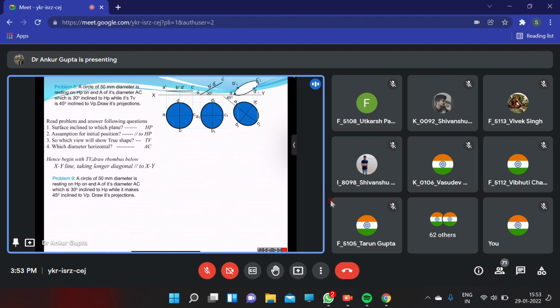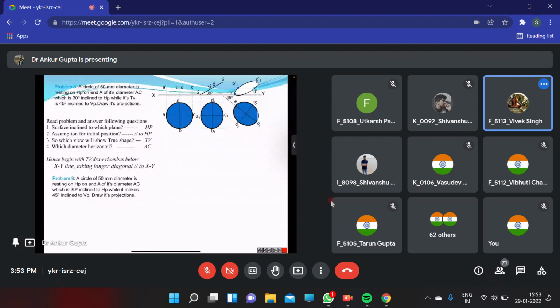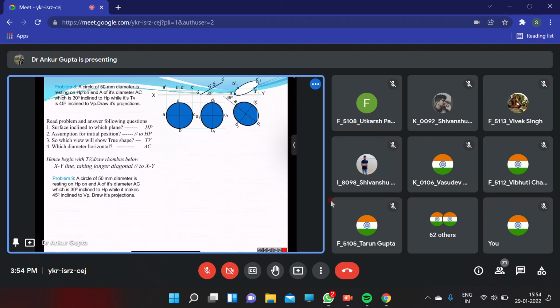What is the difference between both the problems? ढंग से पढ़ो इसको, read it twice. लास्ट में क्या हो रहा था कि पूरा का पूरा जो फिगर था वो हमारा 45 डिग्री इंक्लाइन हो रहा था, ठीक है? बट यहाँ पे डायमीटर की बात हो रही है. Here we are talking about diameter. Diameter is making an angle 45 degree and 30 degree.